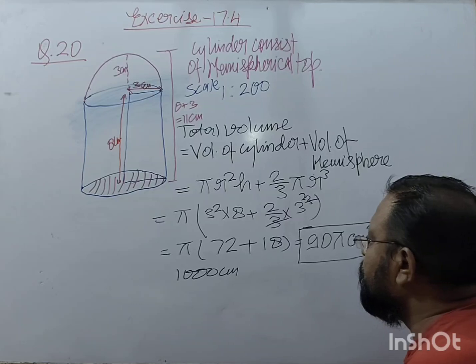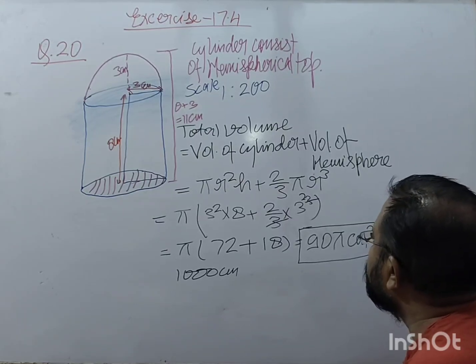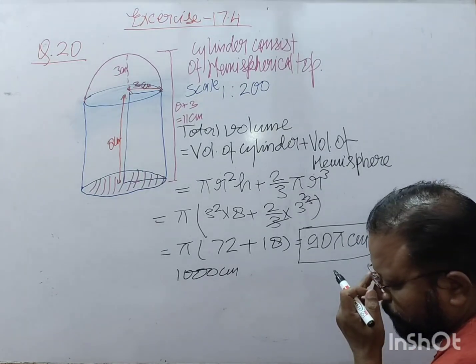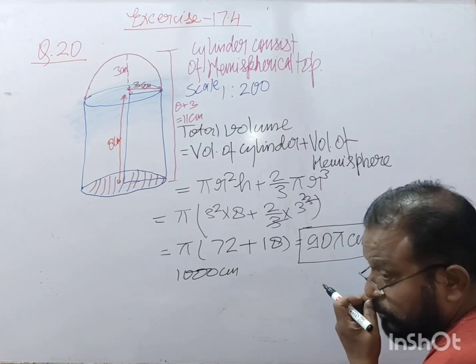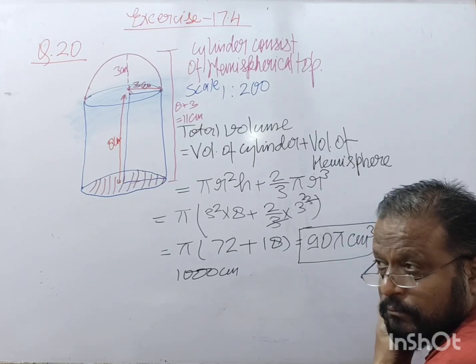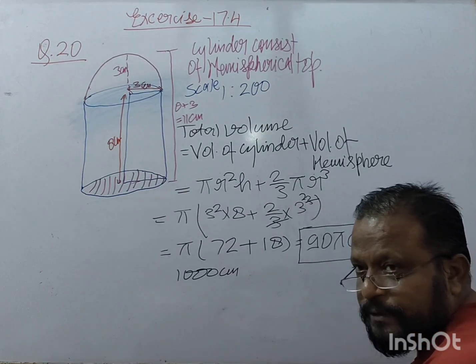1000 centimeter cube. Sorry, 7,20,000 liters.